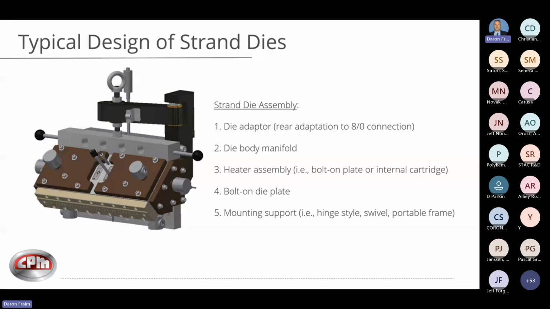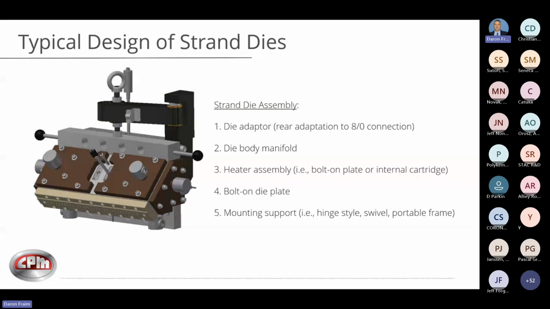A typical strand die assembly here. This is probably recognizable to many if you do deal with these, but you'll have the die adapter on the back side of that die, a rear adaptation to an 8-0. In some cases, you may have a recessed section where you can put a breaker plate with screen pack.